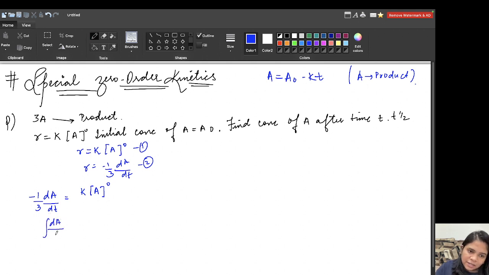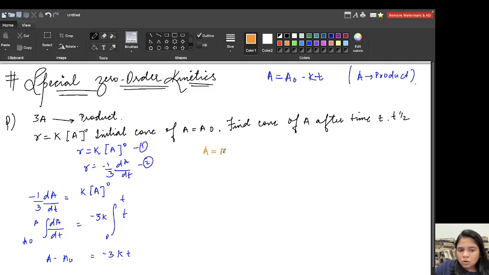Integrating dA by dt from A naught to A will be equal to minus 3k, and integration of dt will take place from 0 to t. We will get A minus A naught is equal to minus 3kt. So now your formula comes out to be A is equal to A naught minus 3kt.